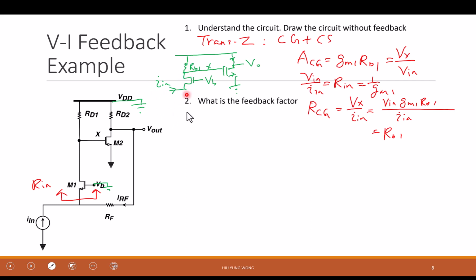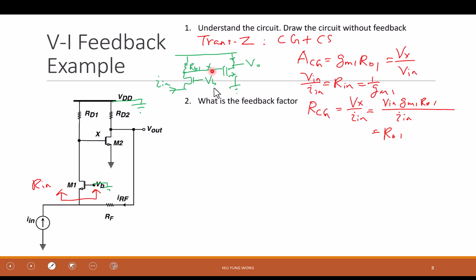And this less DC total current going down through the source must equal the delta of the current through the drain. You still have all the current going from the drain to the source, right? So the I in, the small signal one, must equal the current going through RD1.